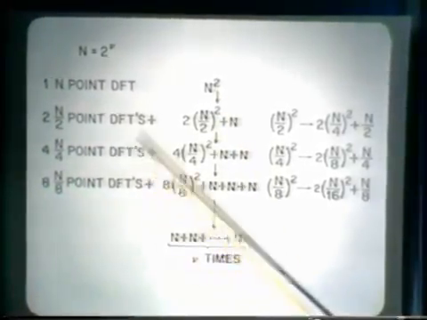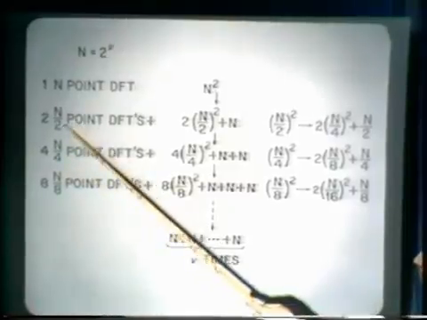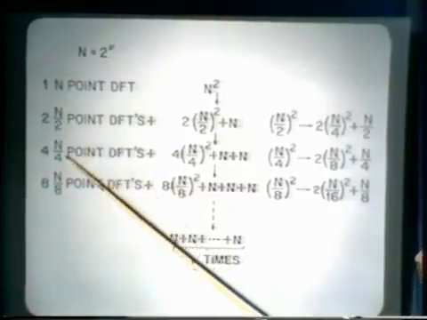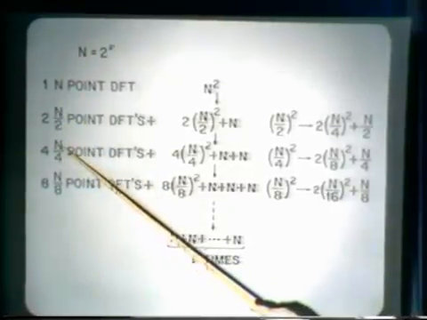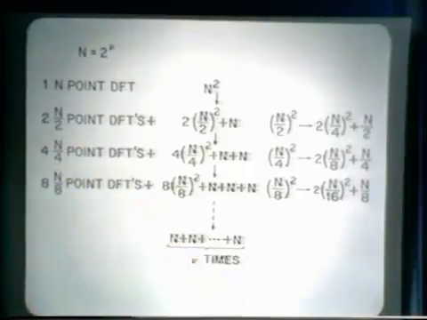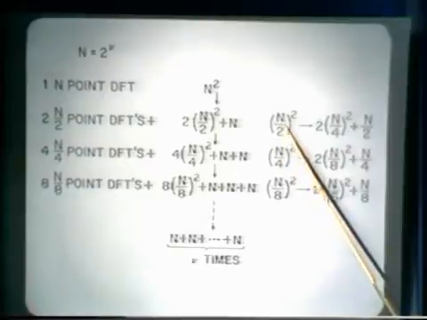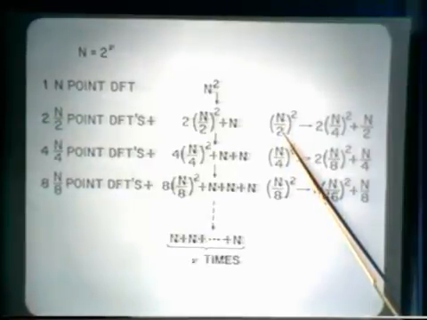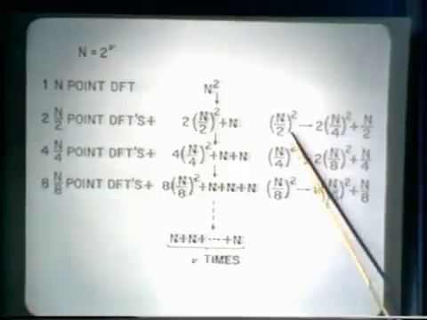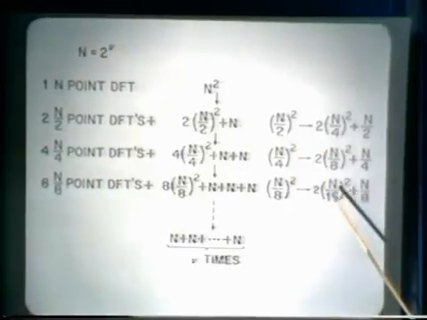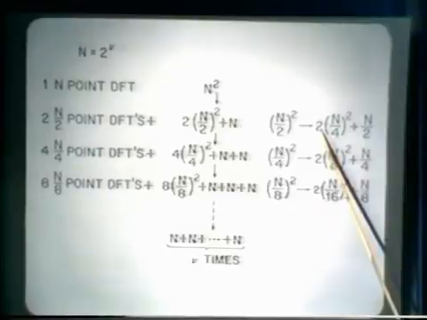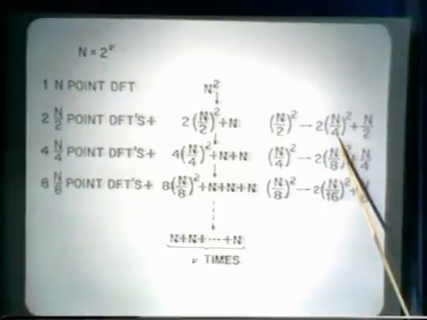All right, then we said, well, why stop there? Let's break these two N/2-point DFTs into four N/4-point DFTs. That meant then that this (N/2) squared, which came from a direct computation of the DFT, gets replaced instead by two N/4-point DFTs.